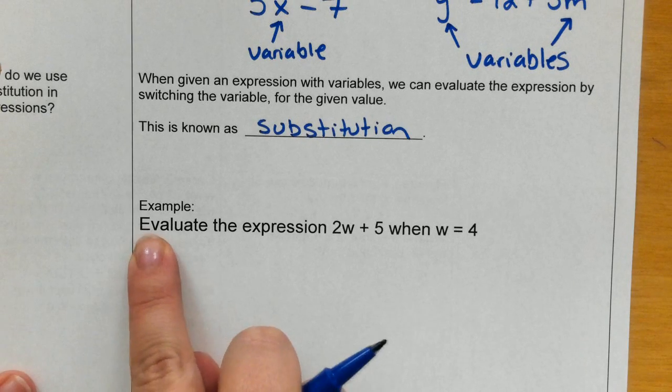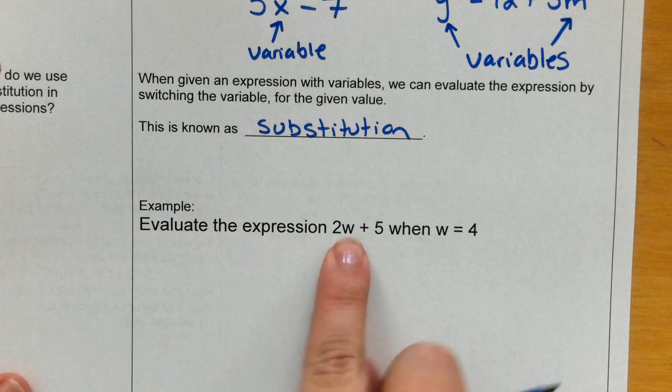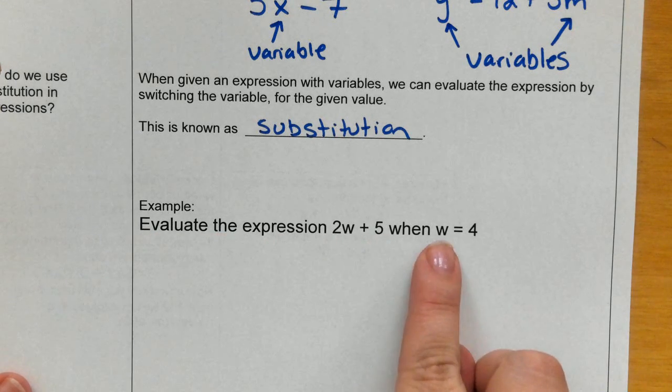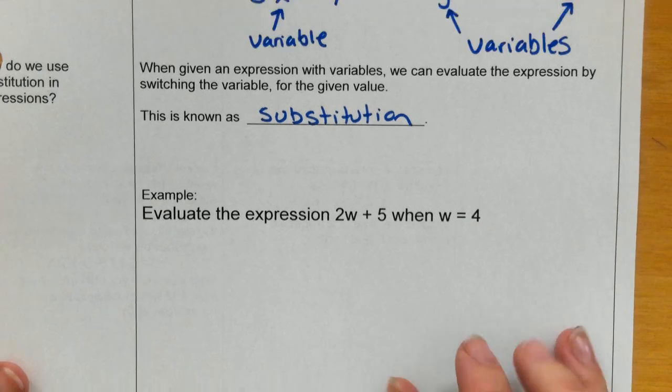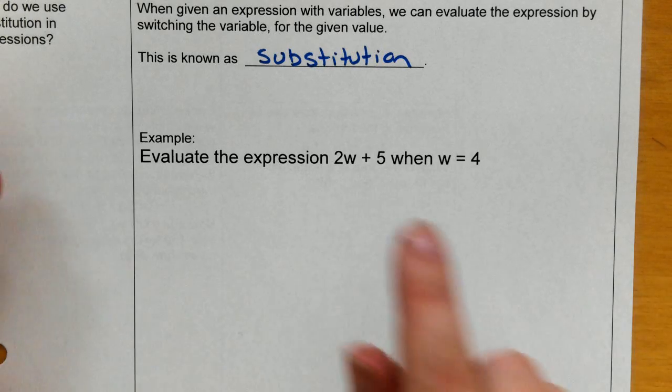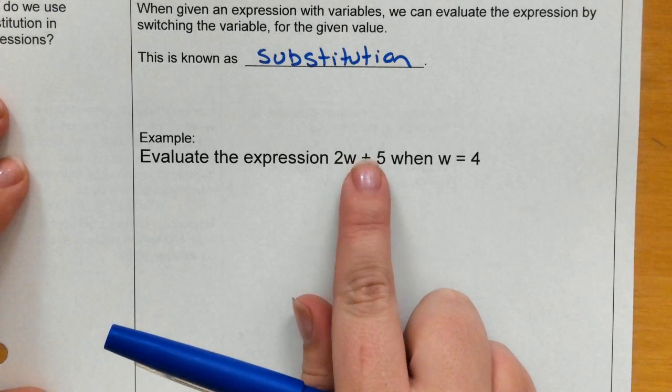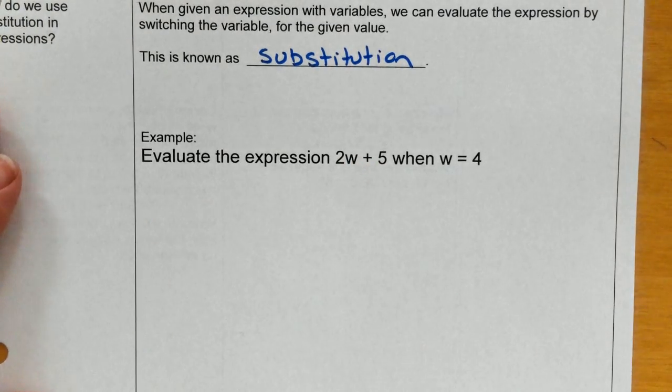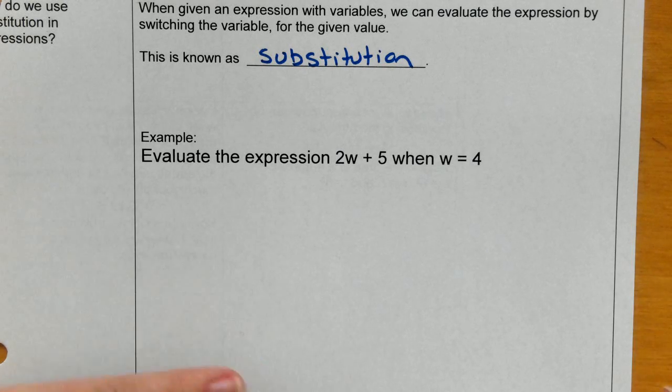This says, evaluate the expression 2w plus 5 when w equals 4. What I'm going to urge you, or what I'm going to ask you, is to remember to use parentheses when you're putting in these numbers. Because I don't want to see numbers getting smushed together or numbers getting added when they should be multiplied and things like that.